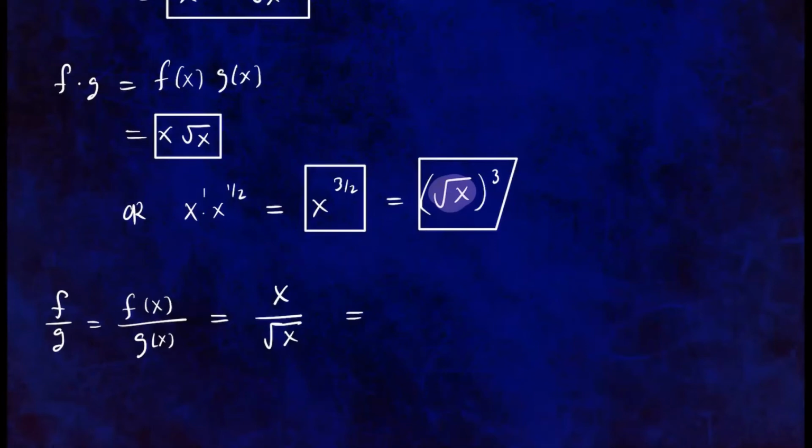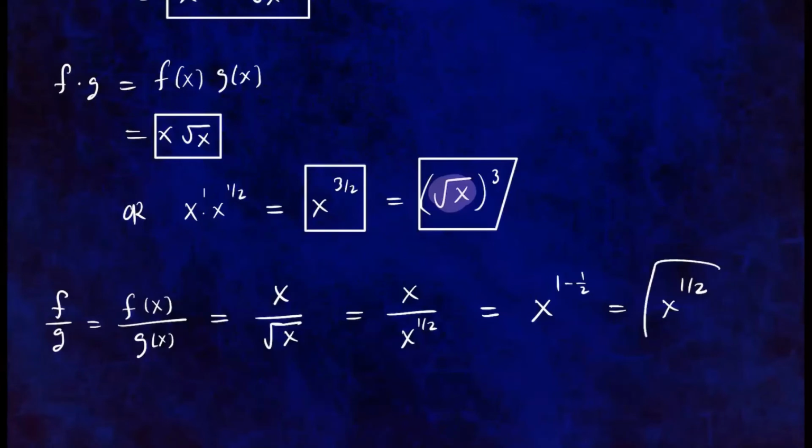I can write the square root of x as x to the 1/2, so this is x over x to the 1/2. Then by laws of exponents, we can subtract the powers. So this is x to the 1 minus 1/2, which will be x to the positive 1/2. So our result simplifies to this function for f over g.